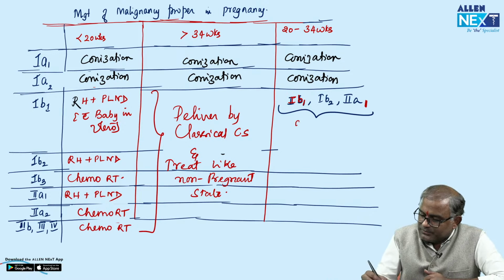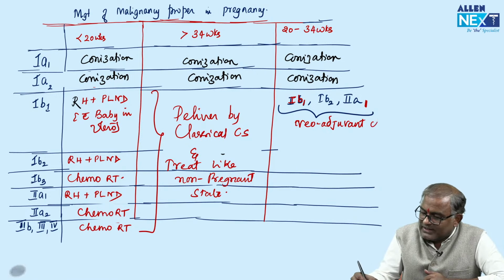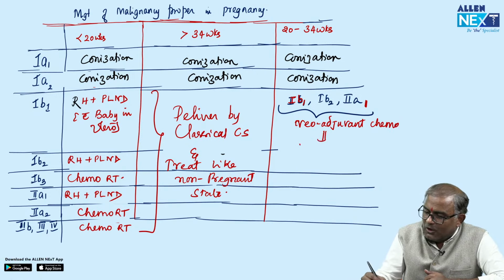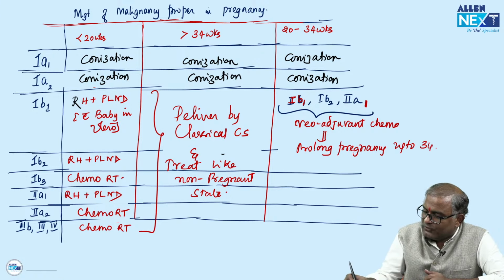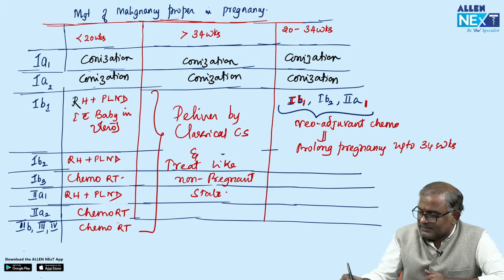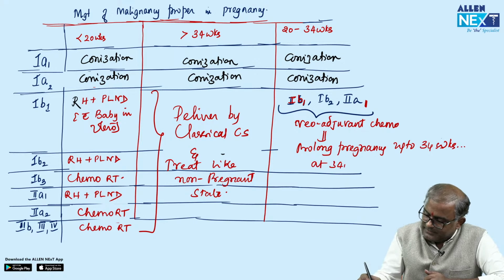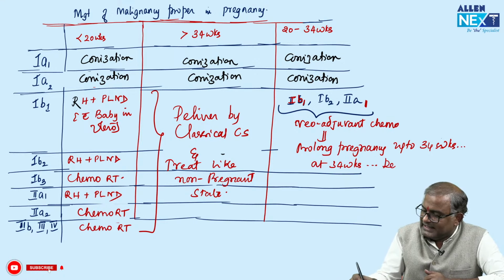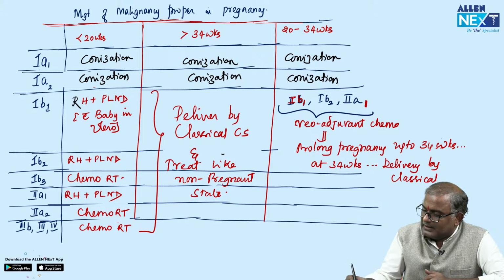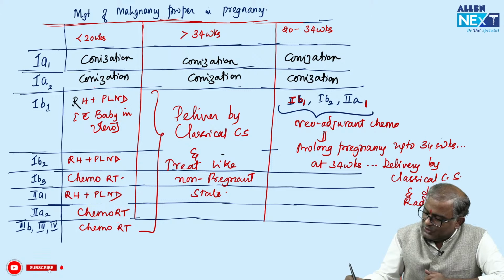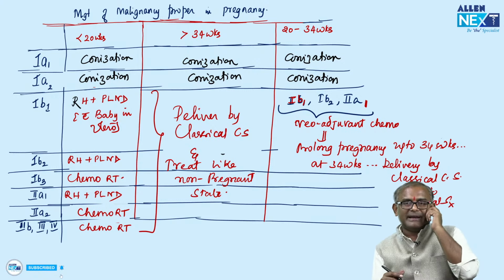We will give neoadjuvant chemo, prolong pregnancy up to 34 weeks. At 34 weeks, deliver by classical cesarean section and do radical surgery. That is for 1B1, 1B2 and 2A1.